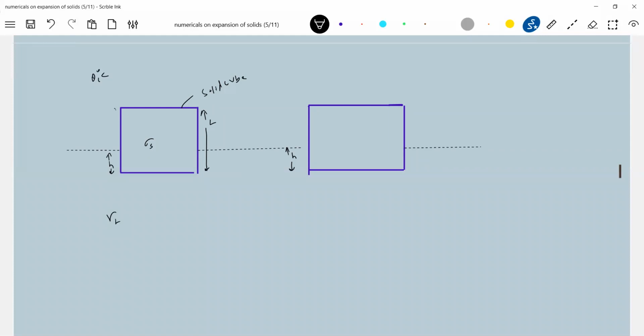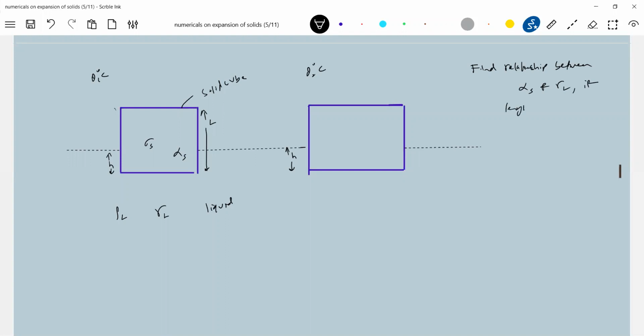Density of liquid rho L, coefficient gamma L; for the solid, let this be alpha S. How are alpha S and gamma L related for this particular solid and liquid? Theta 1, this is theta 2 degrees Celsius. Find the relationship between alpha S and gamma L.